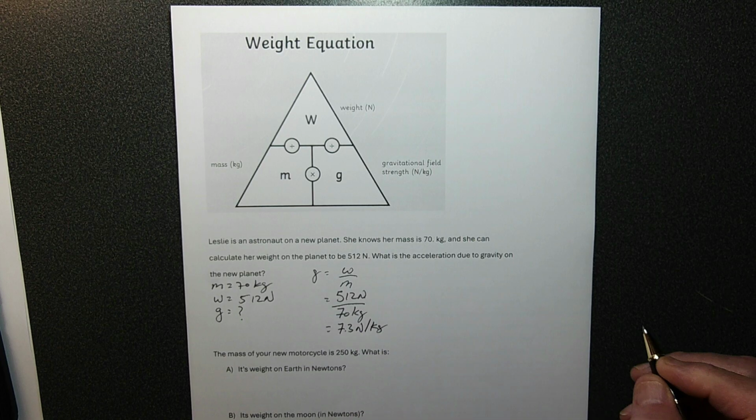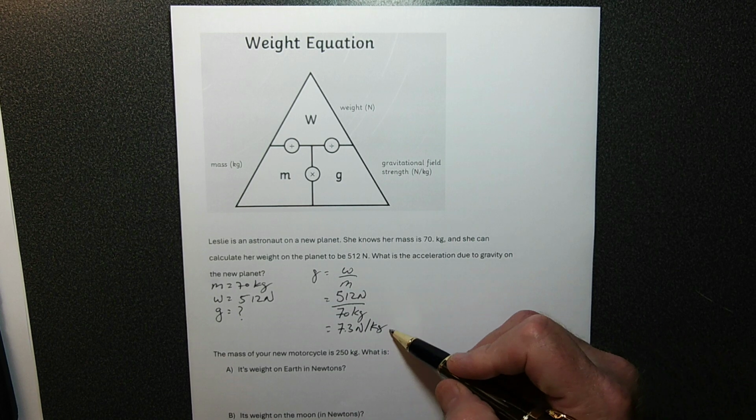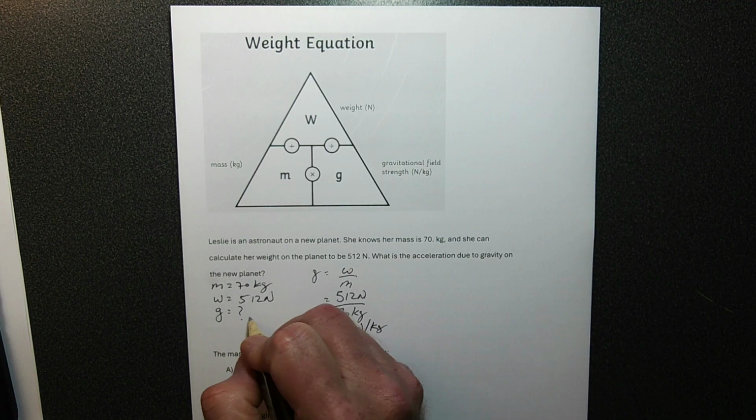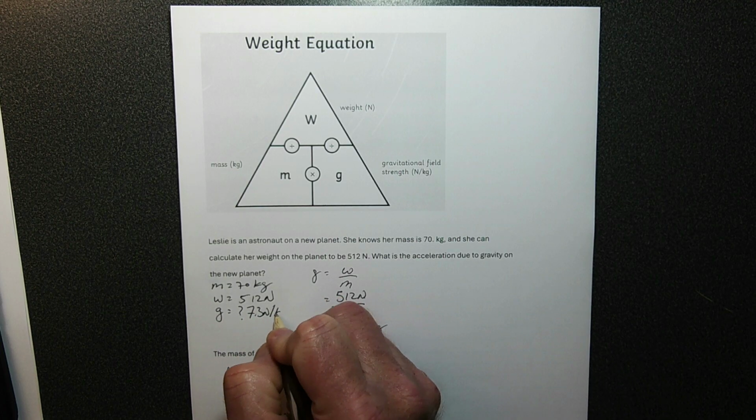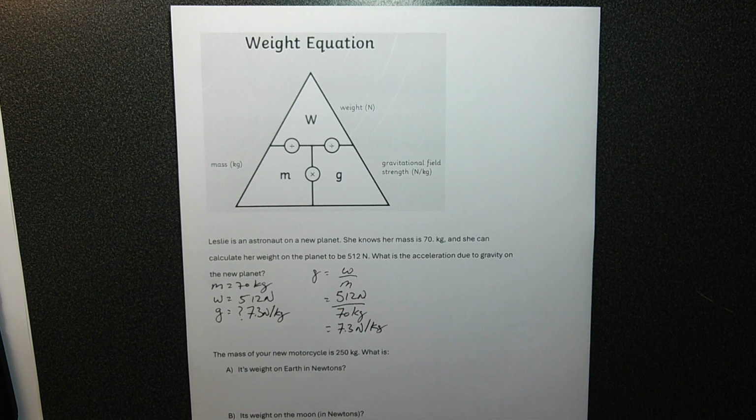So in this case, our answer is 7.3 newtons per kilogram. Okay? That's how we solve that. Let's have a look at the next problem.